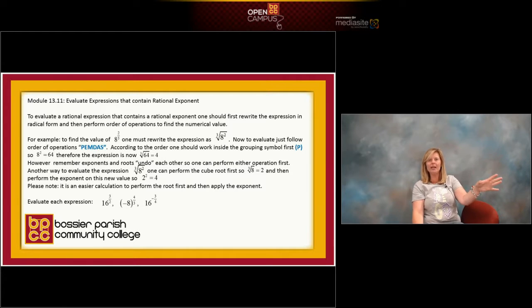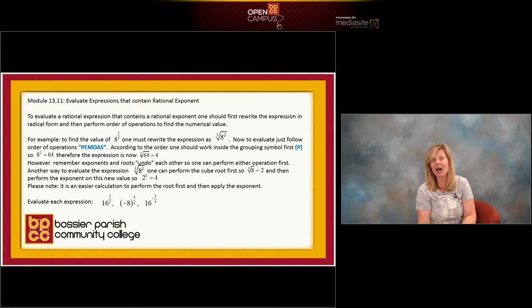So if I read my expression, I say the cube root of 8. Well, I can do that because I know 8 is a perfect cube. And I know the cube root of 8 is 2. But now that 2 gets the exponent, which is square. And what is 2 squared? 4. So if you look, ladies and gentlemen, I got the same result. Because exponents and roots are equal, it doesn't matter which operation you perform first.